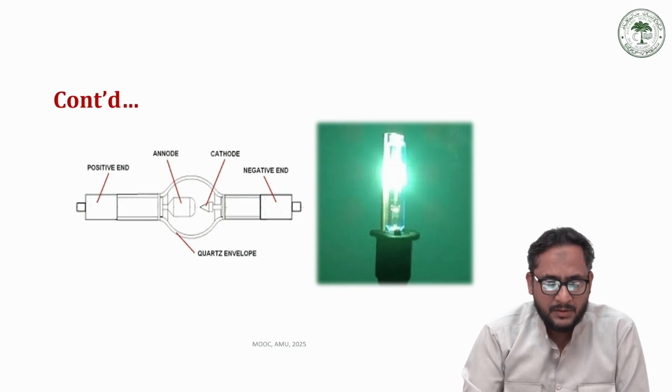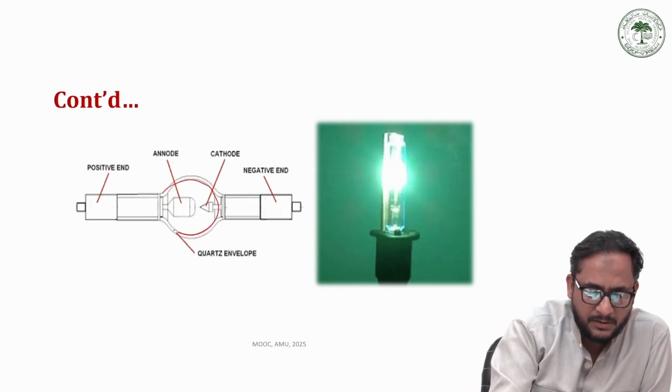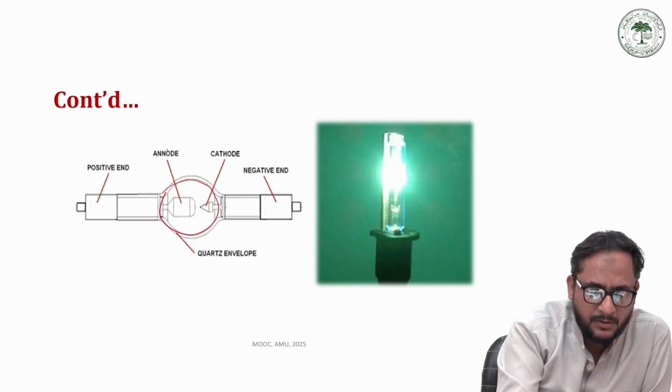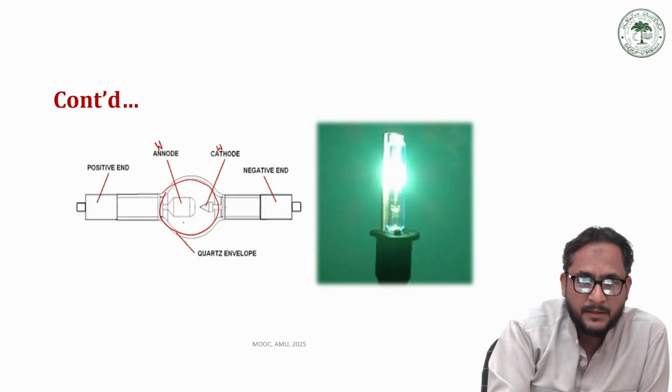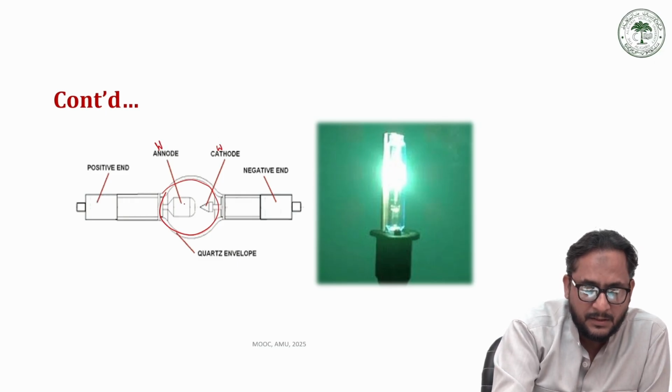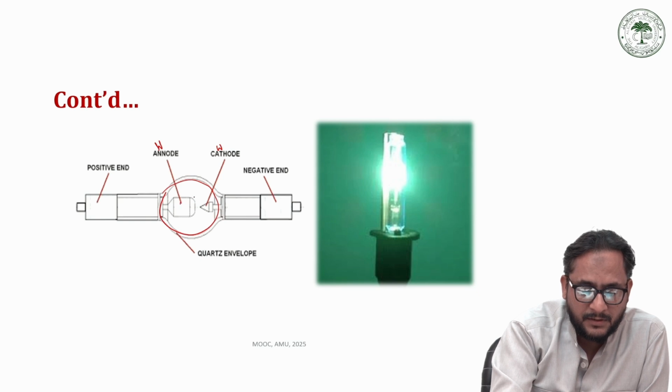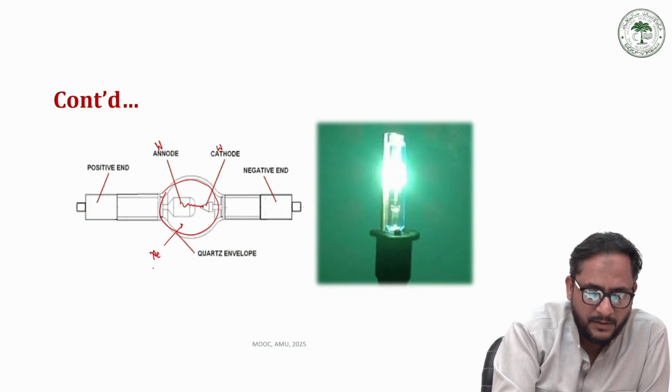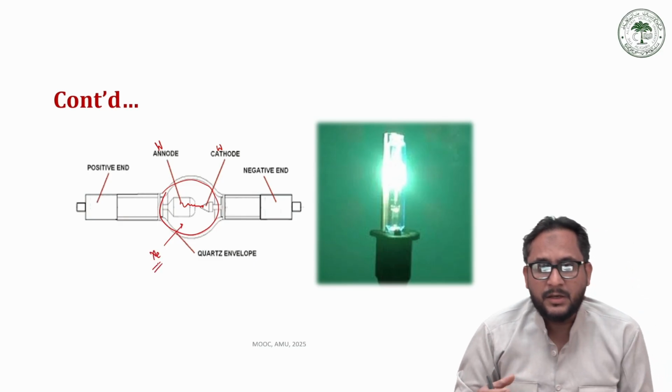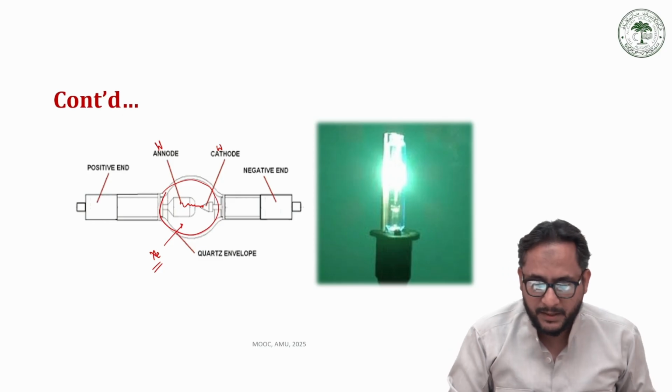This is a diagram of a xenon lamp. This is our quartz envelope. We have the anode and cathode, which are also tungsten. When electric voltage is applied, an arc is created which causes the xenon gas filled in this quartz tube to ionize, producing a bright white light.